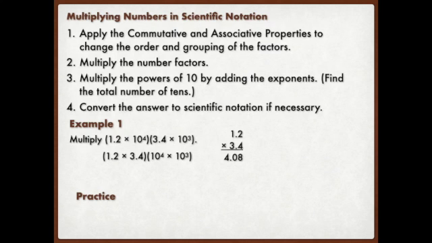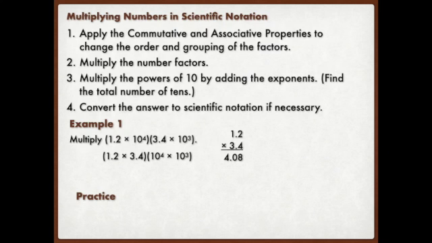If I multiply 1.2 times 10 to the 4th power times, see I have the parentheses, 3.4 times 10 to the 3rd power. What I have to first do is multiply 1.2 times 3.4. And what I did was I put them in a separate parenthesis.